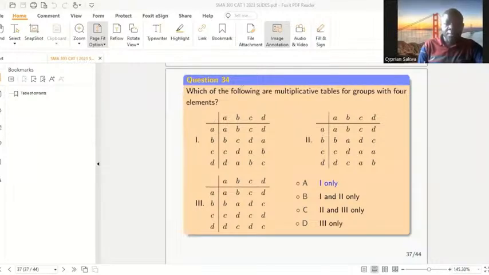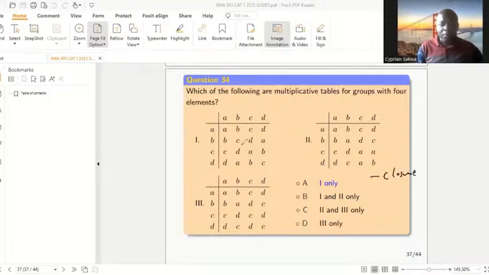During the call, I kept this question that I didn't put. Which of the following are multiplicative tables for groups with 4 elements? I want to see which of these tables will form a group of 4 elements. For it to form a group, we want to see whether there is closure.